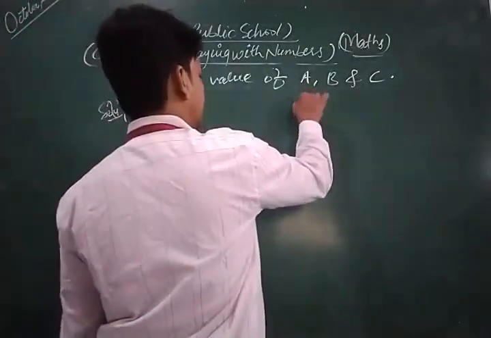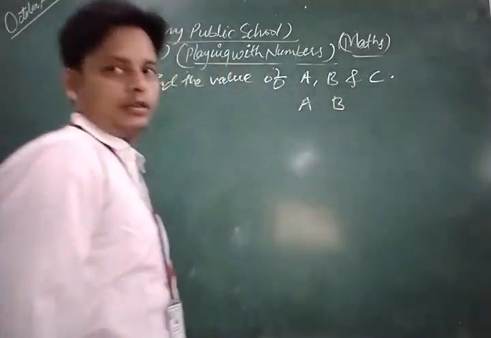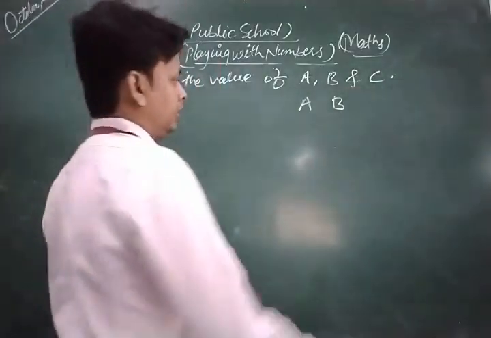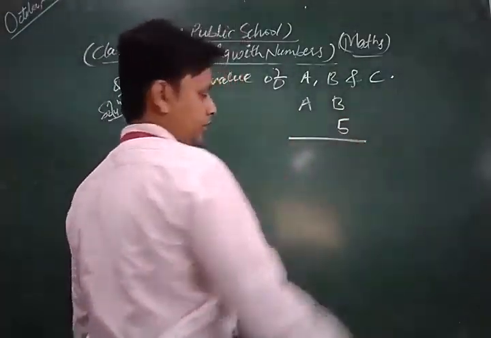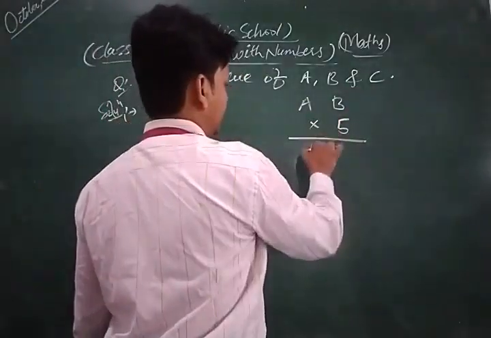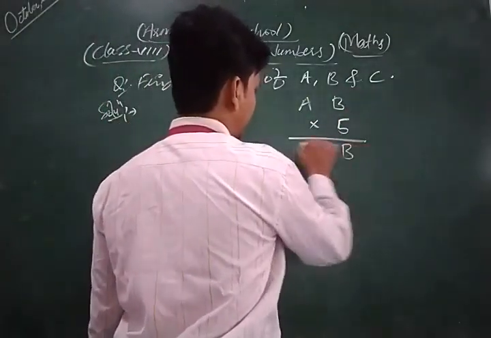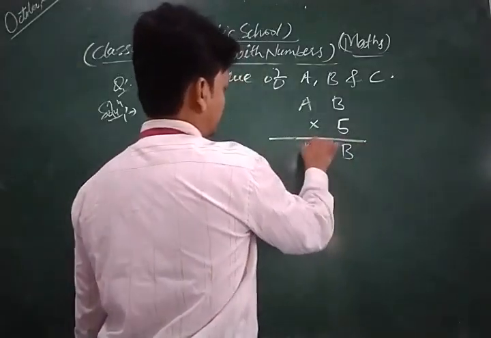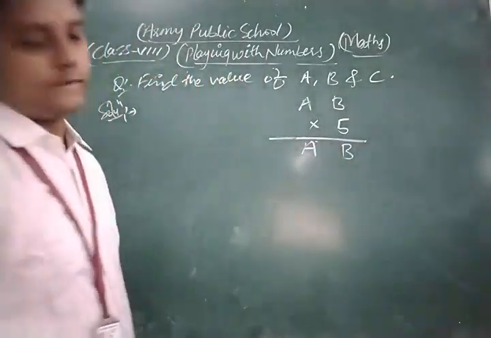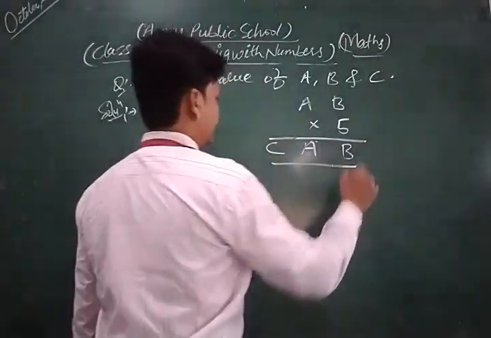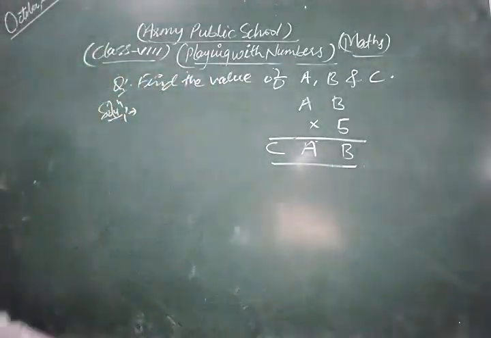Look, this is A B, this is 5, multiply A and C. Now look at its solution.